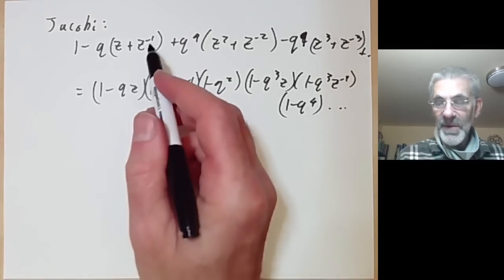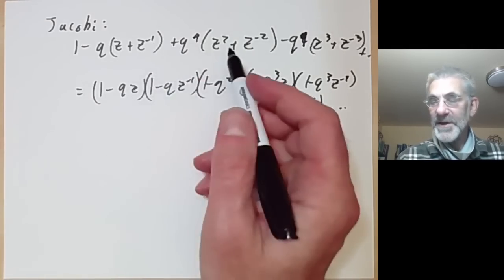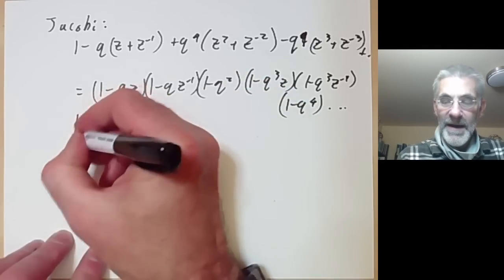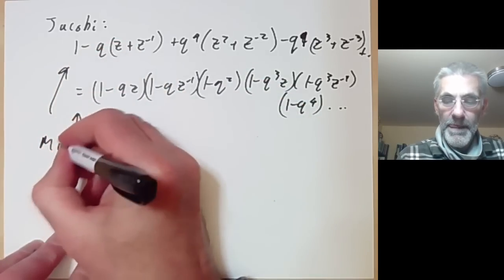And it turns out that both sides of this are modular forms, at least if z is a root of unity.